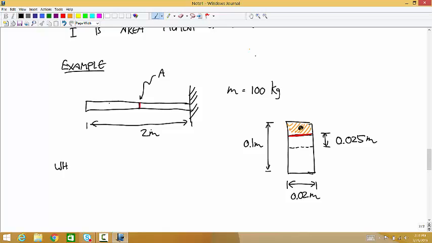Okay, so what's the stress tensor at the red line? We have to calculate the internal loads. Usually we calculate the external loads first, but we can get by without doing it here because this is a cantilever at the right end.